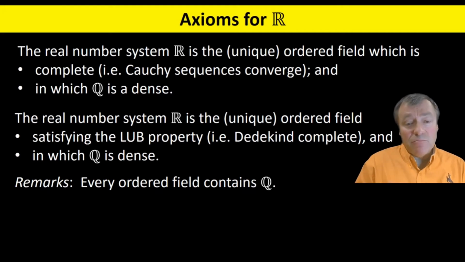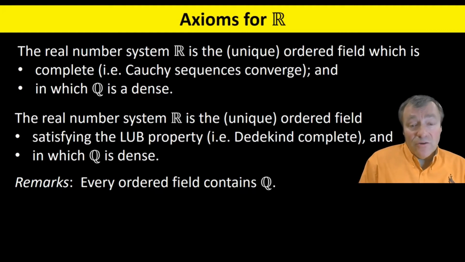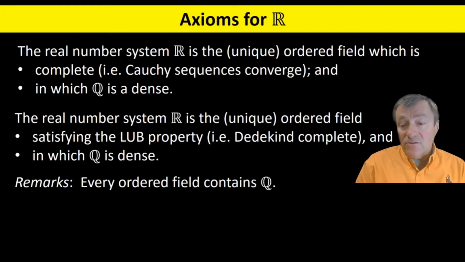But you see, that's implicit in what we've written. There are many fields, and they're not all extensions of the rational numbers. But every ordered field does contain the rational numbers. Another thing that I haven't written down here is the Archimedean property. But that's also included in what we've written.